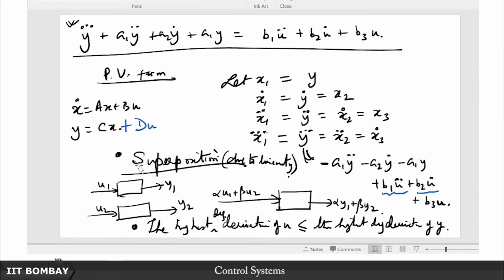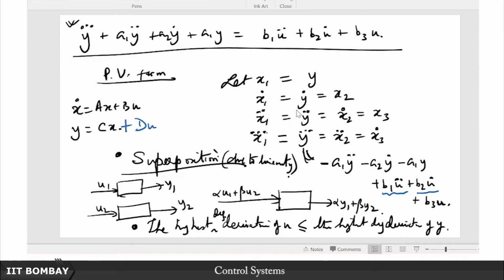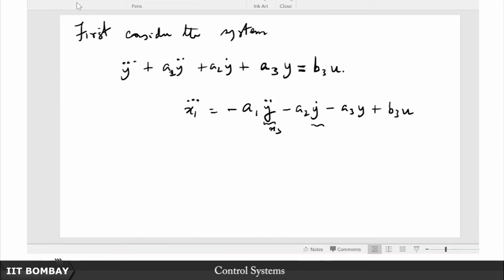But recall, what is y double dot? y double dot is x3. So I am just going to replace this with x3. What is y dot? y dot is x2. So I am going to replace this with x2. What is y? Of course, that is x1. So this then gives me minus a1 x3 minus a2 x2 minus a3 x1 plus b3 u.